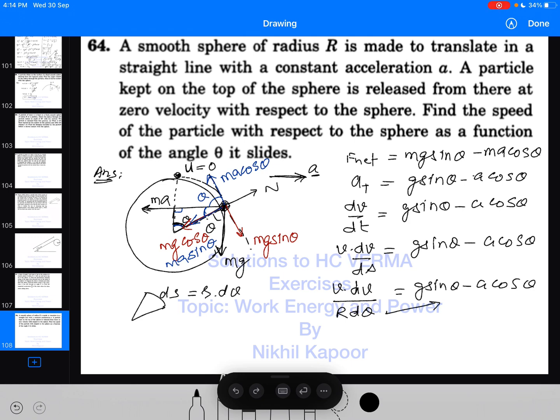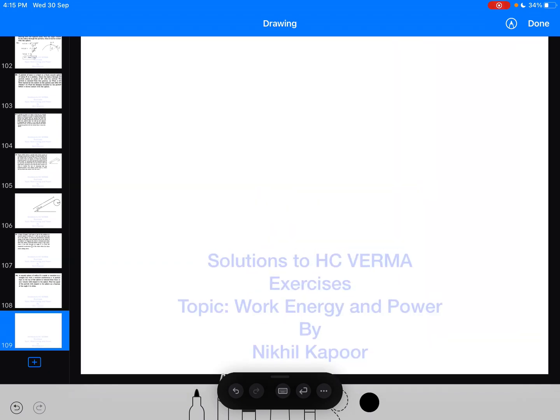Now I will send this term to the other side, so that comes out to be v dv is equal to r in bracket g sin theta minus a cos theta d theta. Now in order to find velocity as a function of theta, we should integrate on both sides. On integrating, v dv would be equal to the integration of r in bracket g sin theta minus a cos theta into d theta.